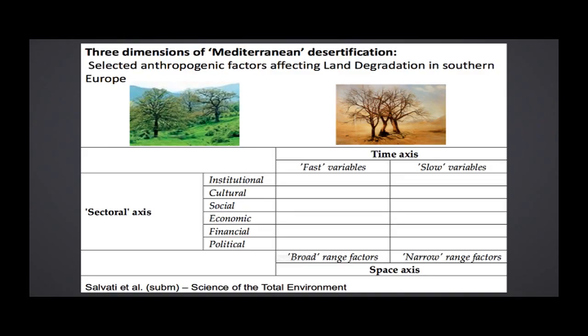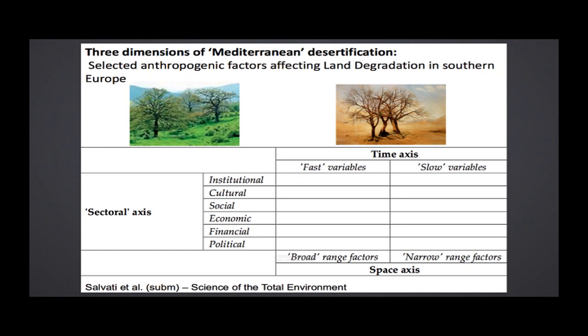So, just to conclude the first part, which is about logical frameworks, what I want to introduce here is a very, very simplified framework according to three dimensions for the anthropogenic factors affecting land degradation in Southern Europe. It was published in the international journal Science of the Total Environment, but especially I like the different time pattern of the framework.